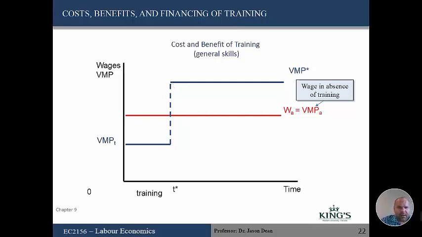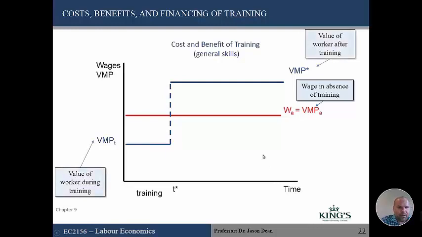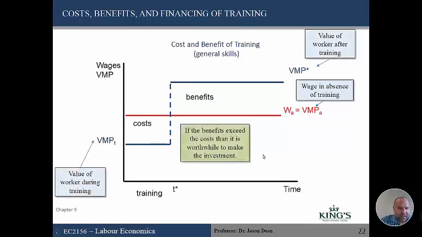So now the question is, would this worker agree to forego a lower wage in order to get this higher wage later? And would the firm pay this higher wage later? Well, the answer here is yes. If the benefits exceed the cost, then it would be worthwhile to make this investment.